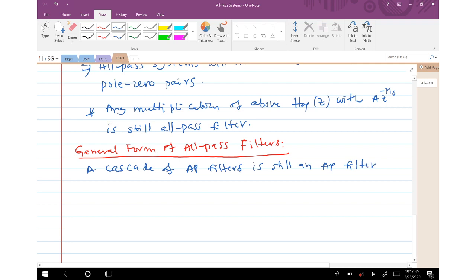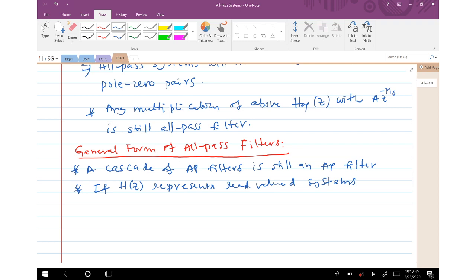Okay, another point to note is if your h of z represents a real valued system, that is, if the impulse response is real, then you cannot have a single isolated complex pole or zero.